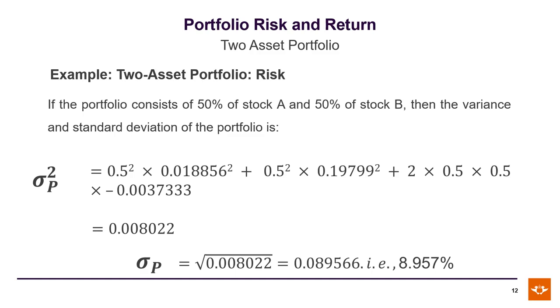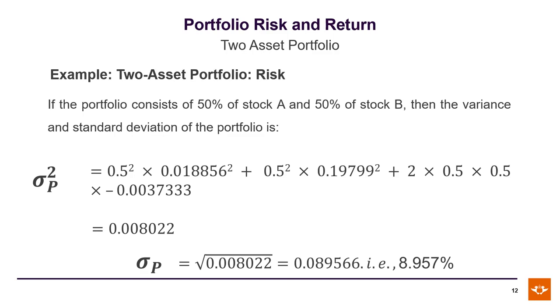Looking at the variance, it's a combination of the weights and the variances of each of the components, stock A and stock B, as well as the covariance between them, and we end up with a variance of 0.008022. Our standard deviation, which is the square root of that, ends up being just under 9%.